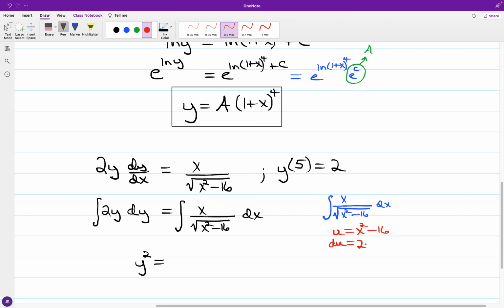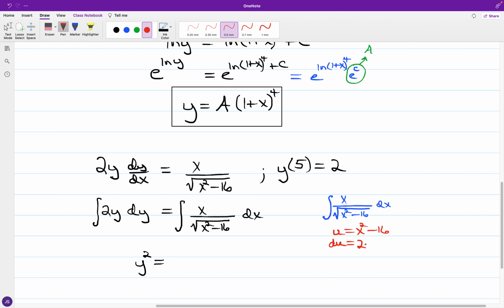And with the back substitution, we're going to end up at the square root of x squared minus 16 followed by the constant. So for what we have here, y squared is equal to the square root of x squared minus 16 followed by the constant.